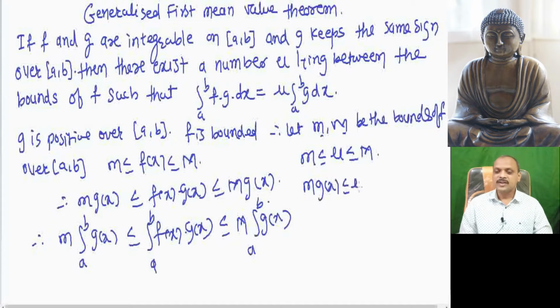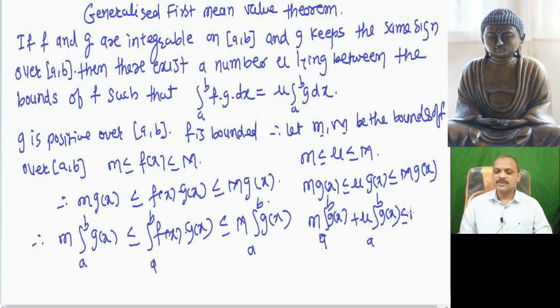So if we multiply, mu times g of x is less than or equal to capital M times g of x, and if we integrate, m times the integral of g of x from a to b is less than or equal to mu times the integral of g of x from a to b, which is less than or equal to capital M times the integral of g of x.